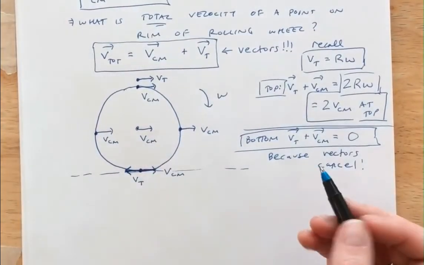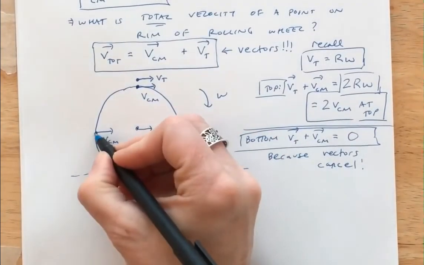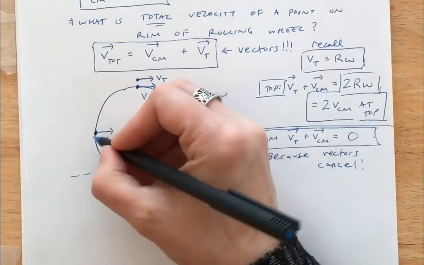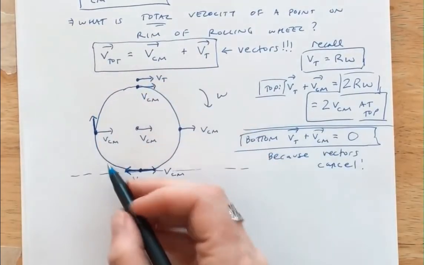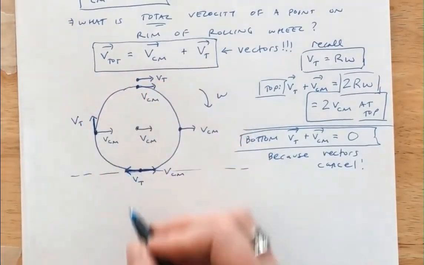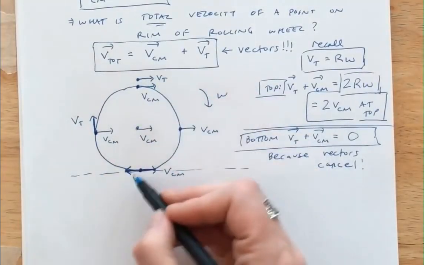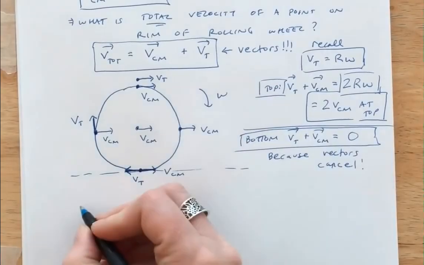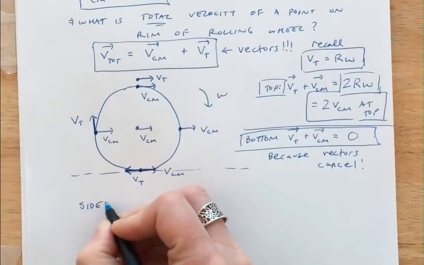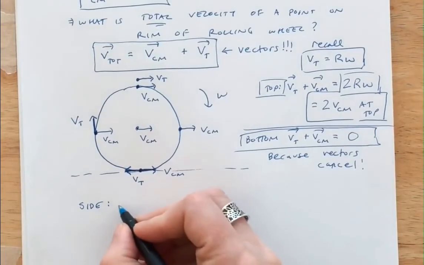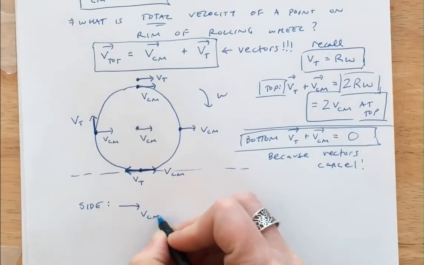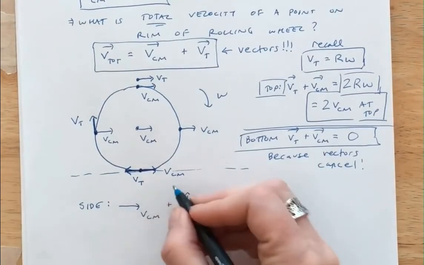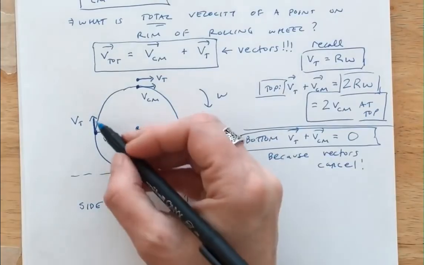You could do this at any point. For example, if I take the side point here, I drew in the translational velocity of the center of mass, and I could draw in the tangential velocity at this point, v sub t, given the direction of the rolling motion. So on a side point, as I've drawn here, I would have the velocity of the center of mass plus my tangential velocity, and these would be the sides of a right triangle.